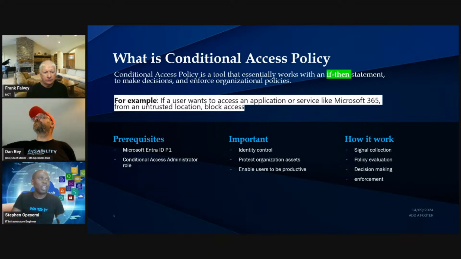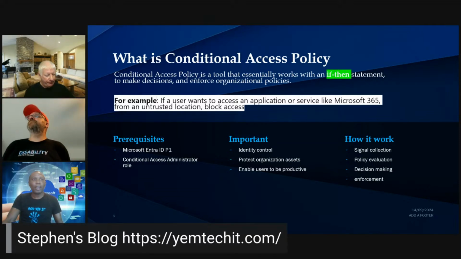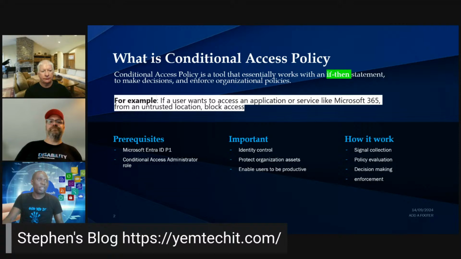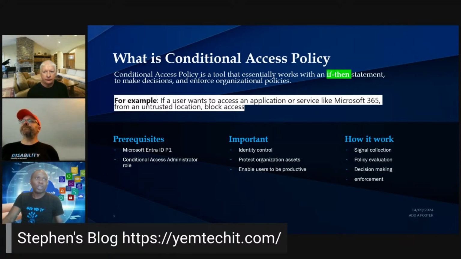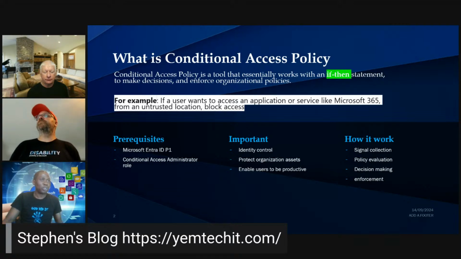Now the importance of this is identity control, so we can control who uses our resources and from what location, so they don't just go to any location because, oh, I'm working from home, so I can move out of the UK and then work. It depends on the organization's policy anyway. It is for identity control, to protect organization assets, which is very important, and to enable users to be productive.